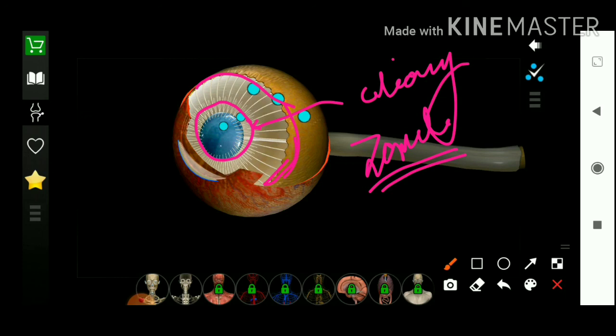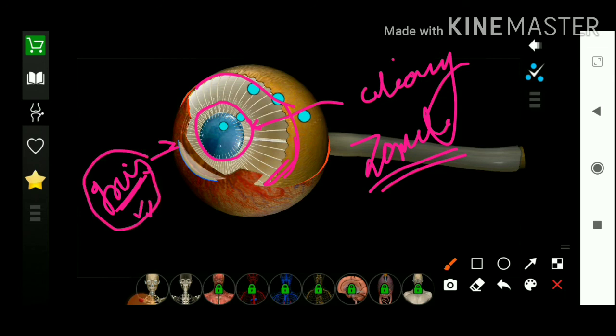Now there is also one important structure: this ciliary muscle continues forward in the form of the iris, and the iris is responsible for the various colors of a person's eye. The pupil color of a person varies, and it is due to the pigmentation of the iris.